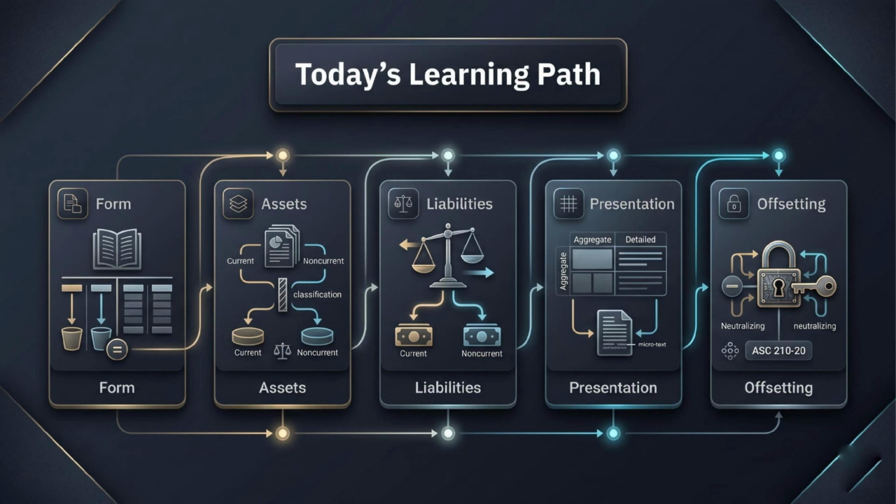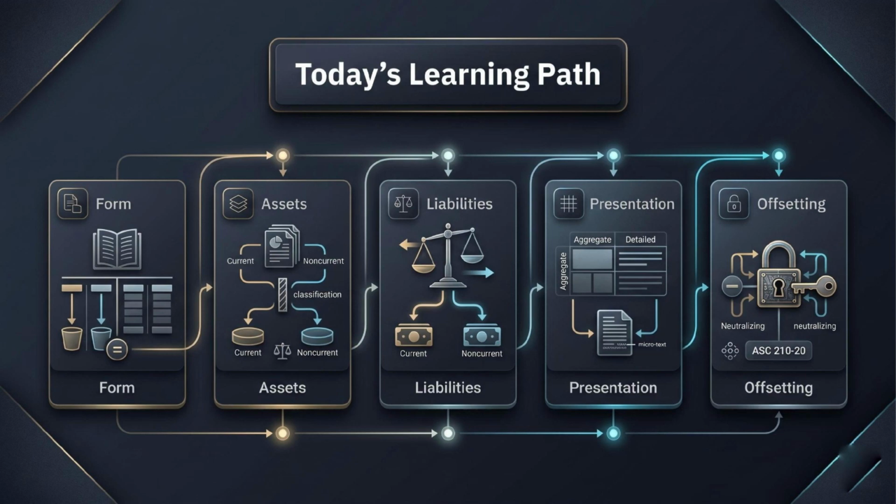Then, we will move into current and non-current assets, followed by current and non-current liabilities. After that, we will discuss presentation detail, what goes on the face of the balance sheet and what can be explained in the notes. Finally, we will study offsetting under ASC 210-20.